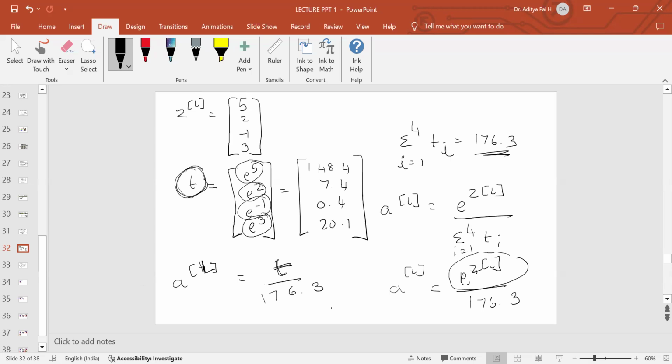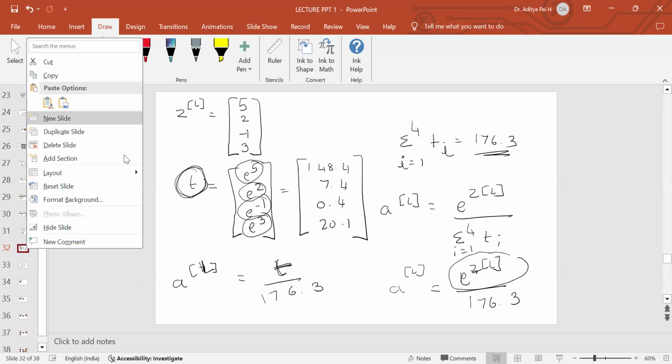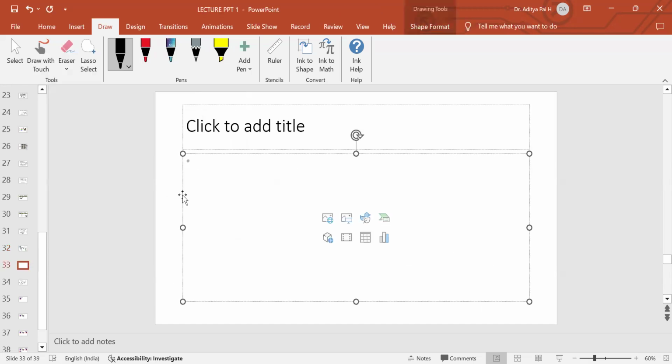For that, I'll rewrite the diagram which is mentioned there.